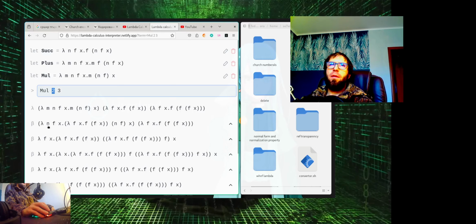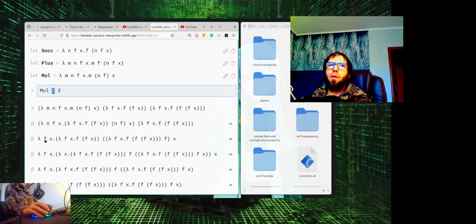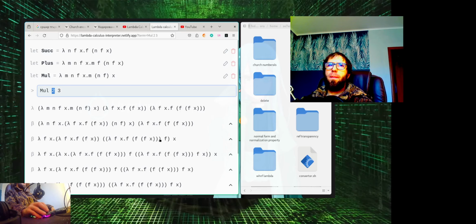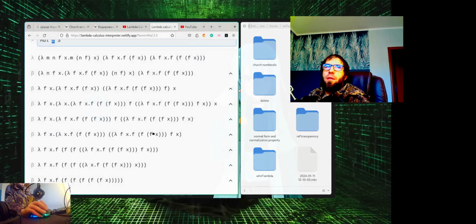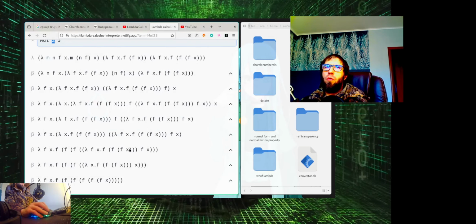So this n is replaced here. Here it's stripped, but here they replace it with this thing. So this thing goes here. Of course, I understand that it is hard to read this, but at some point you will receive these 2 groups of 3.